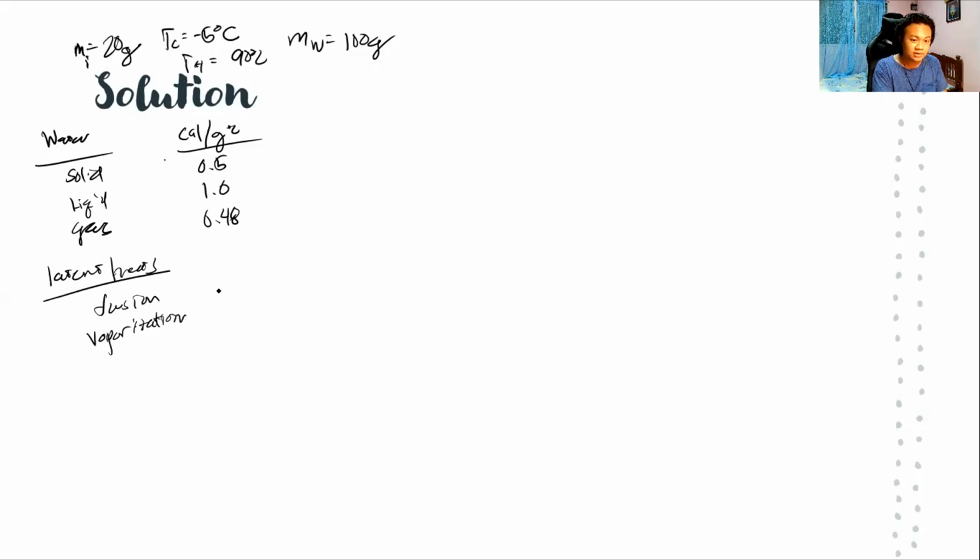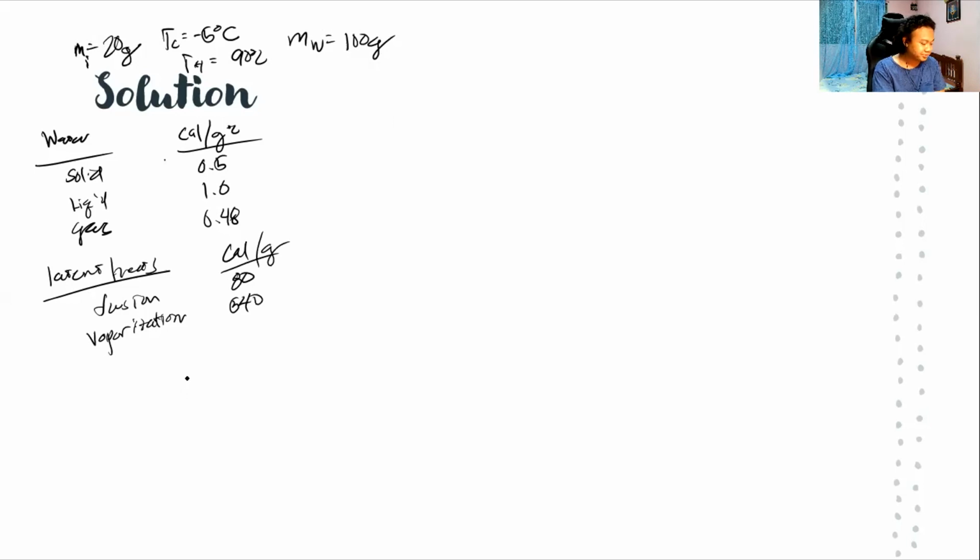Okay, so the units here are calories per gram. Okay, and then the values here are 80 and 540. So that's really easy to memorize. Okay, just memorize this if you have a calorimetry problem.